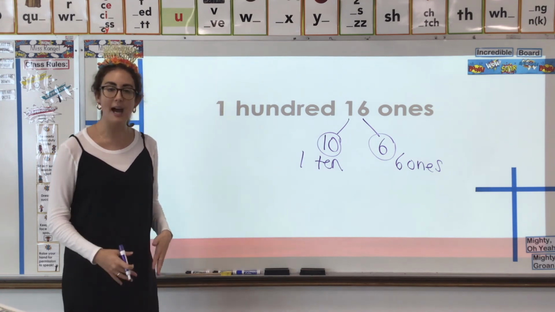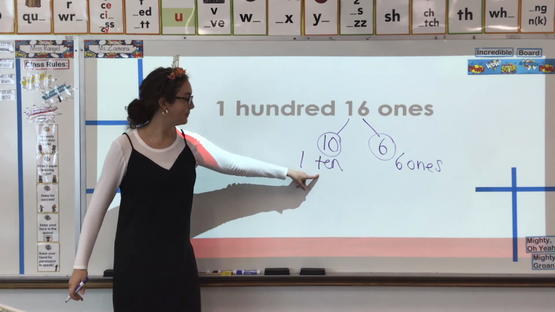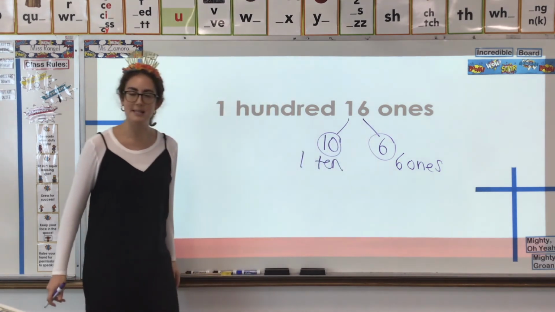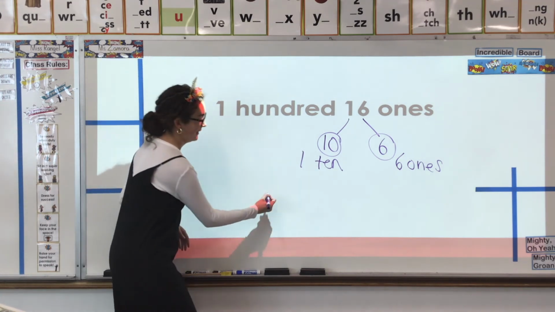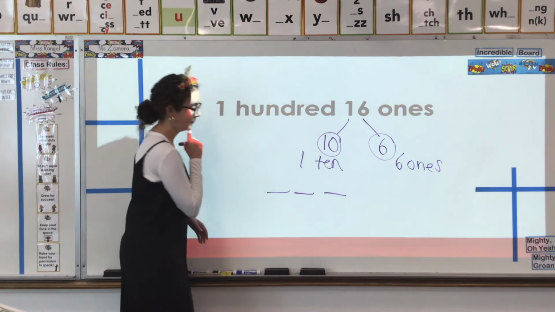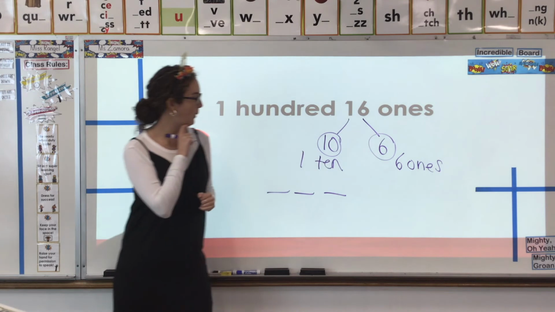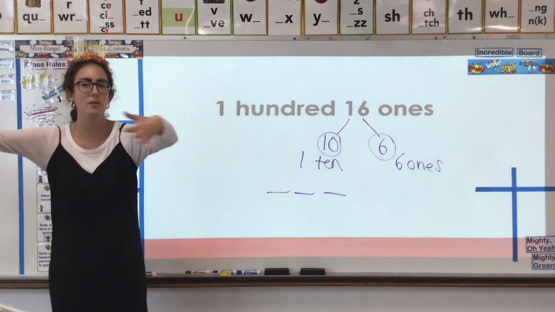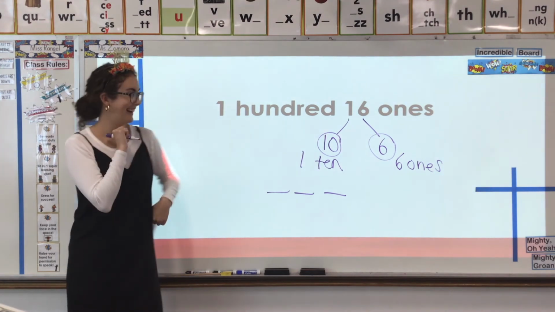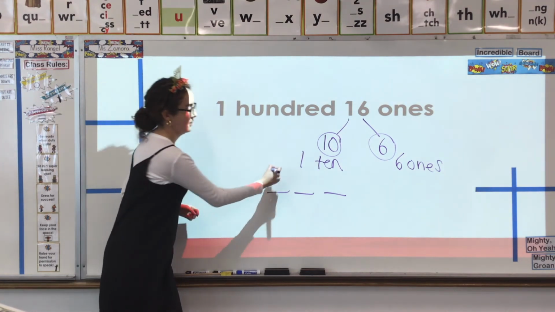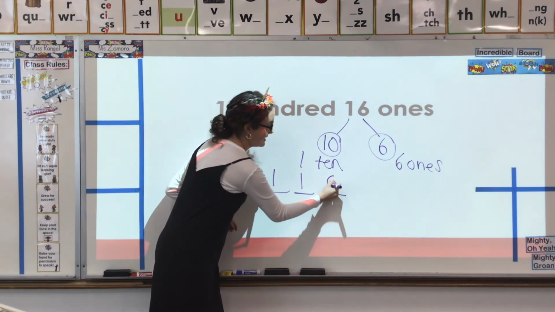Perfect. So if we take a step back, we can see this entire number has 1 hundred, 1 ten, and 6 ones. So what's our total value? Can you figure that out yourself, awesome people? 1 hundred, 1 ten, 6 ones. What's the total value of that? Can you write it down? 1 hundred, 1 ten, and 6 ones.